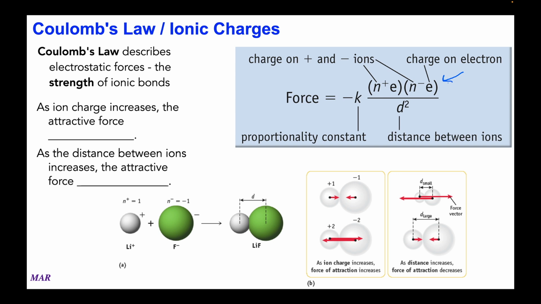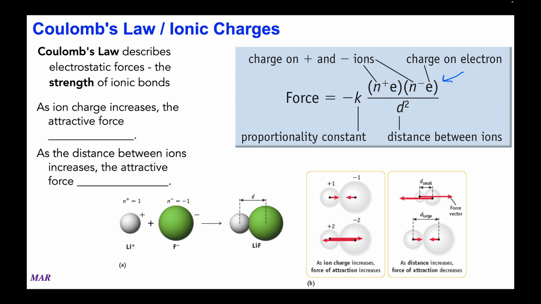The positive is the metal cation, and the other part is the negative nonmetal anion. And you can have more than one charge, like a positive 2 or a positive 3. That's what the n means. It's the number of positive charges. And the n by the minus would be the number of negative charges. Like oxide is 2 minus, that would be n of 2, etc., etc.